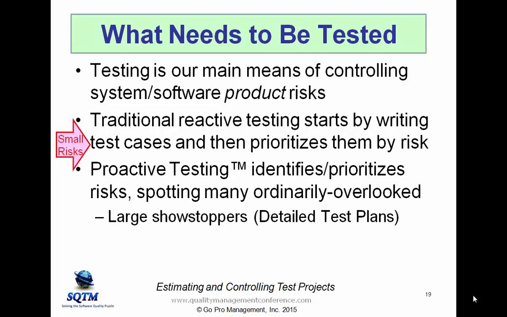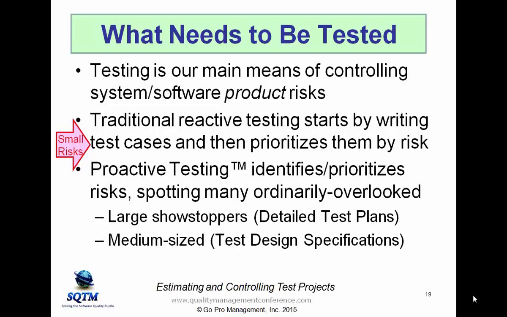And they often are the subject of what are called detailed test plans. They're big. They stop the show if they go wrong. And they go wrong and stop the show when they're overlooked.